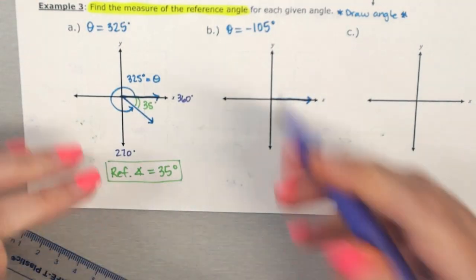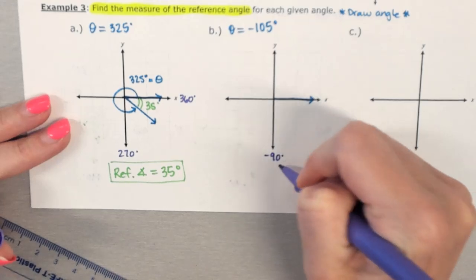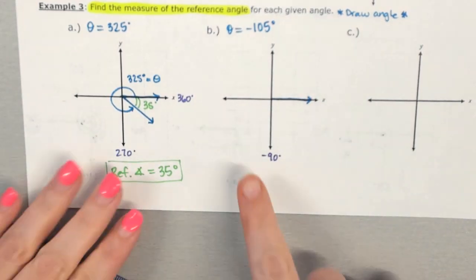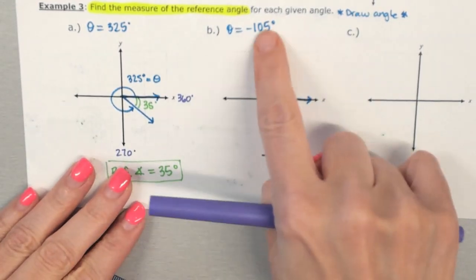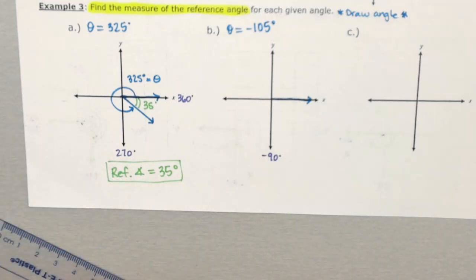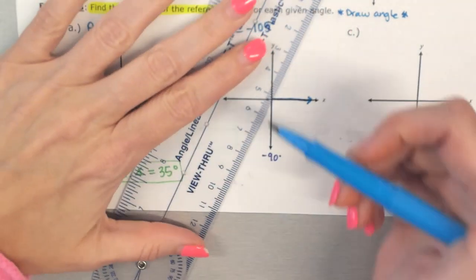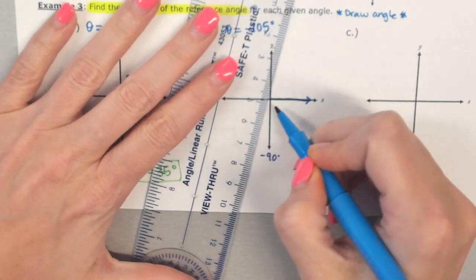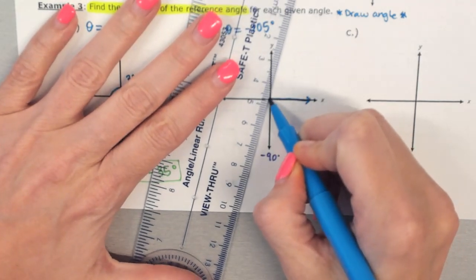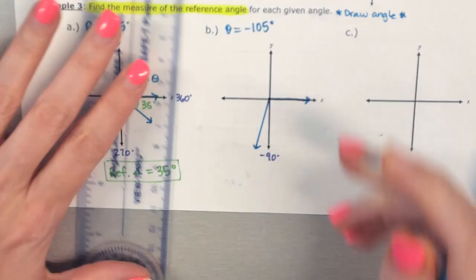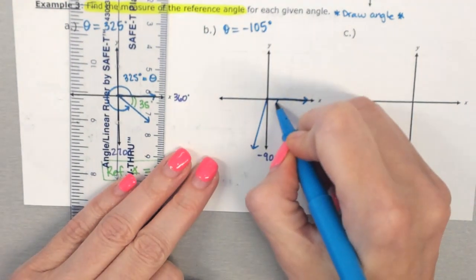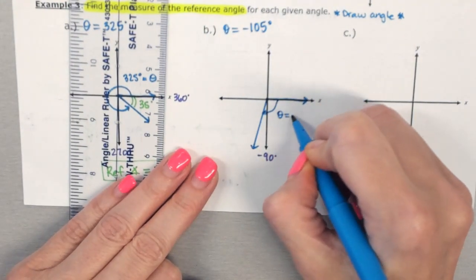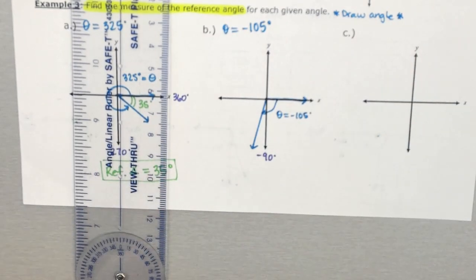Because it's negative, we're going clockwise. So we have negative 90. I would be thinking, okay, from 90 to 105 is how many degrees? 15. So I'm just going to put this a little bit past it. Okay, and so this is my negative 105.